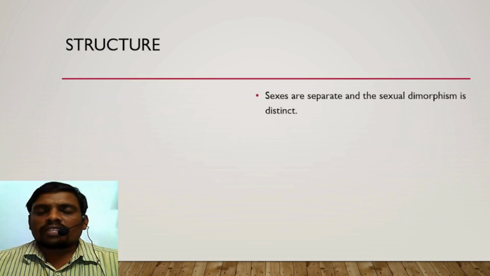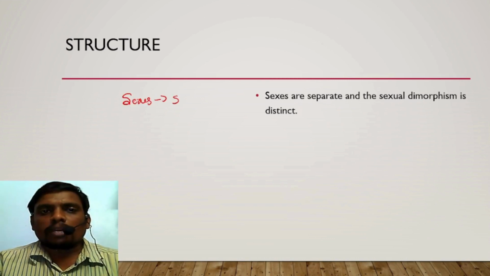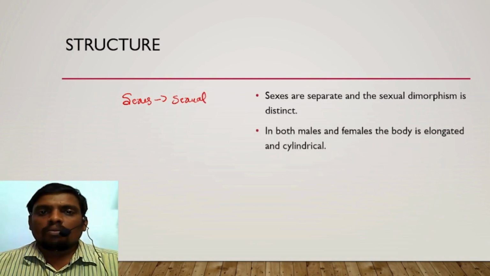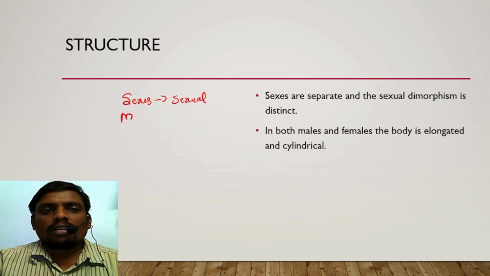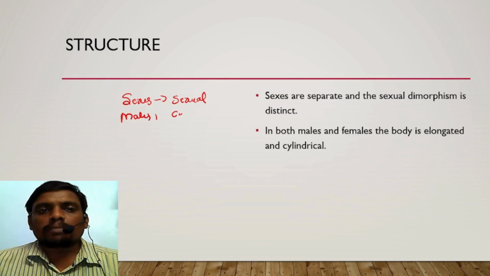Structure: if you take the structure of this parasite, sexes are separate and sexual dimorphism is well developed. Both males and females are distinct, and the body is elongated and cylindrical in shape.